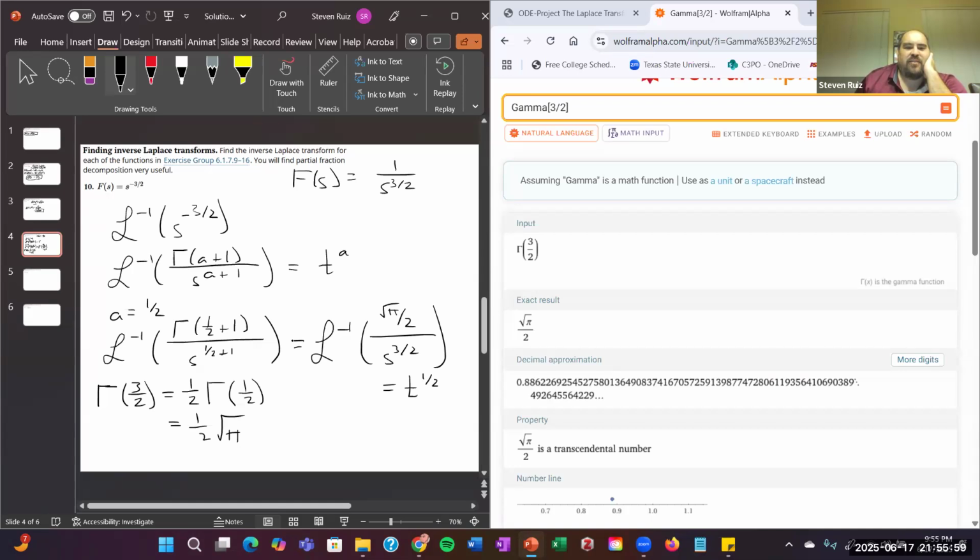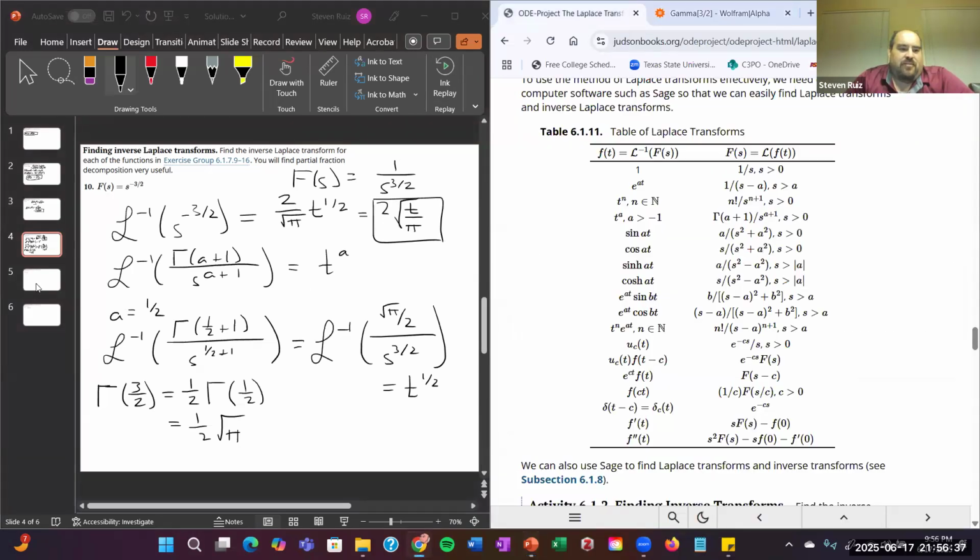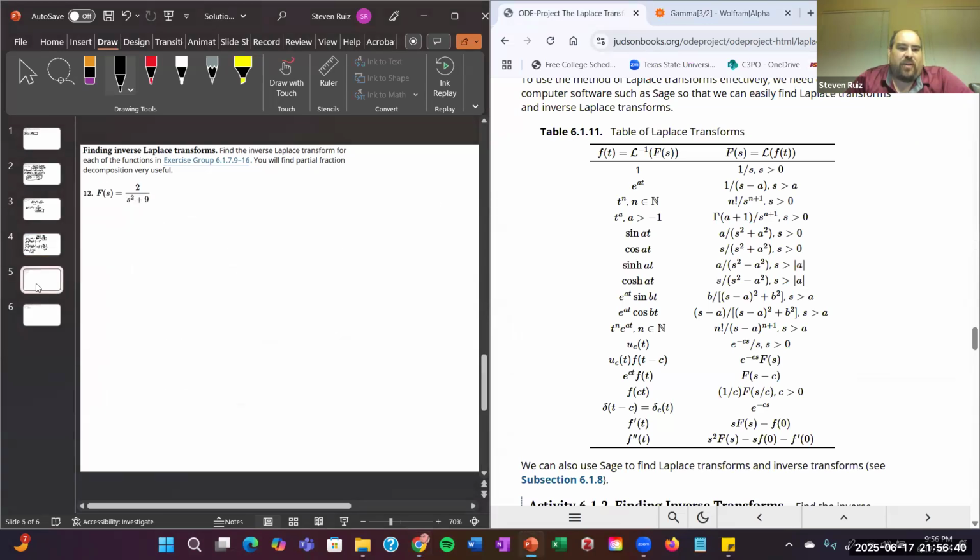So we have to adjust here. We want to multiply our result by the reciprocal of radical pi over 2, so that is going to be 2 over radical pi times t to the 1/2, or 2 times the square root of t over pi. This is probably a pretty cryptic thing, but I'm just trying to get us to suss out what rows of the table we want to use.